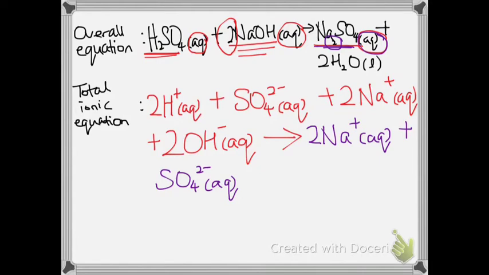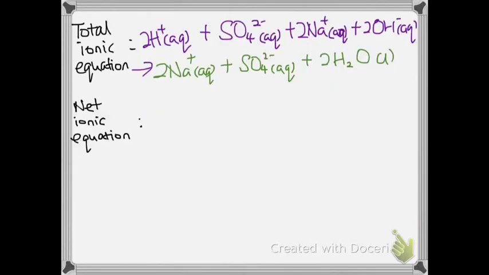Next, for water, it is liquid. Therefore, it will not split up, and we will just copy that down. There are 2 water molecules, state symbol liquid. So with this total ionic equation that we have just constructed, let us now look at which are the spectator ions.